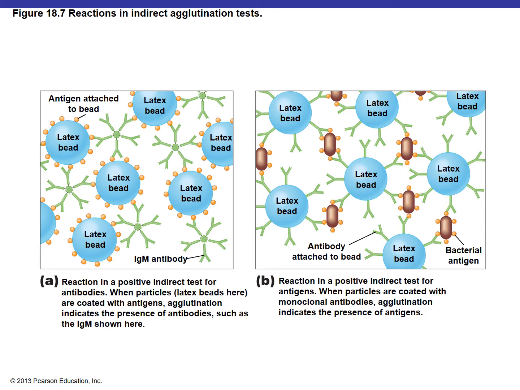In the second part of this figure, you would be trying to detect antigen from the patient. If the patient has a particular bacterium that these antibodies are specific for, when you add the agent to the beads coated with the antibodies, the beads are going to clump together. It would be a positive agglutination reaction if the antigen is present.